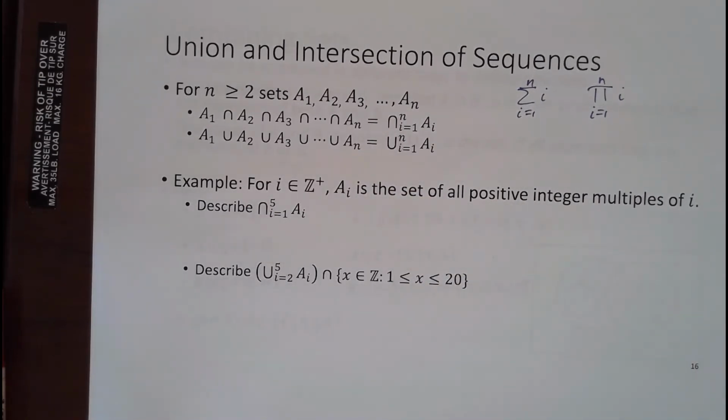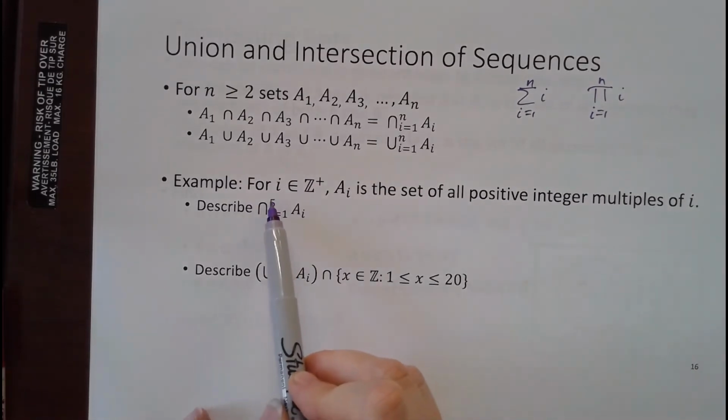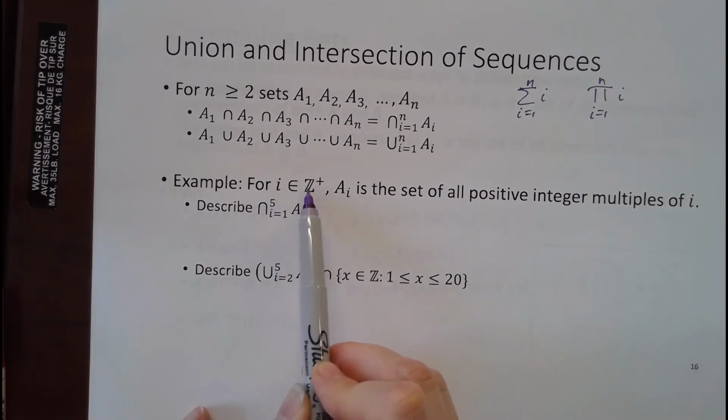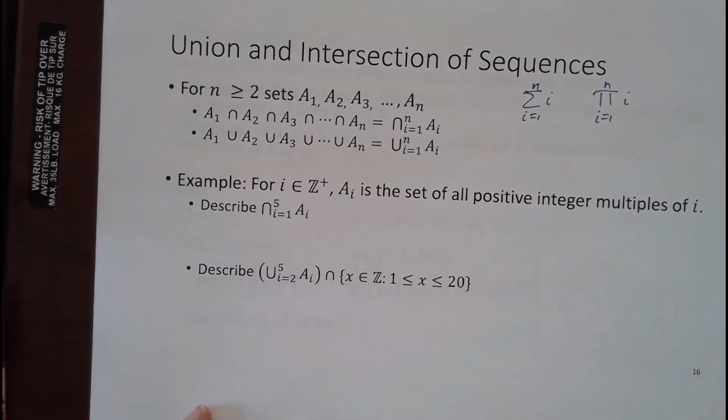So let's do some examples with this notation. So let's say for any integer i that is an element of the positive integers, so that would be 1, 2, 3, 4, 5, 6, and on it goes. Okay.